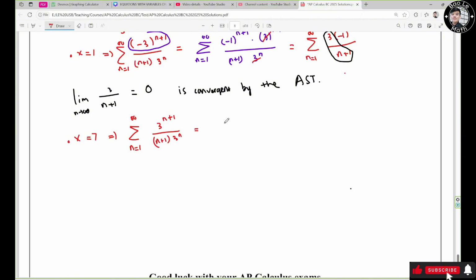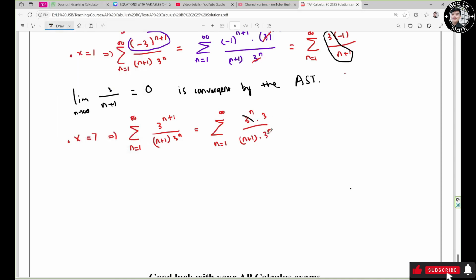Now this guy is the same thing as the summation n going from 1 to infinity of 3 raised to the n times 3 over n plus 1 times 3 raised to the n, right?